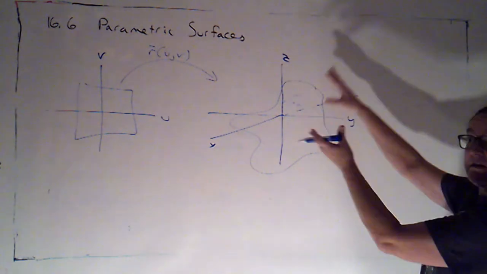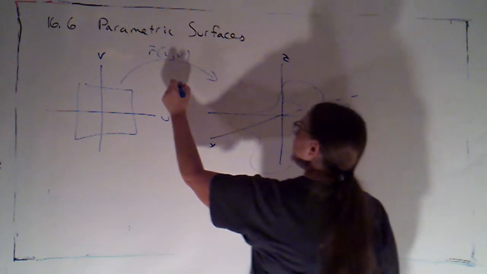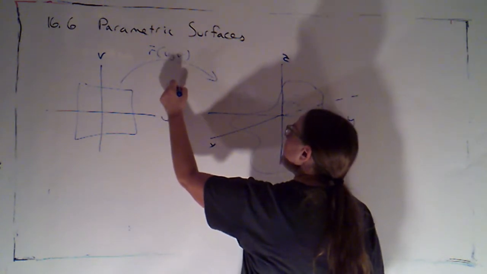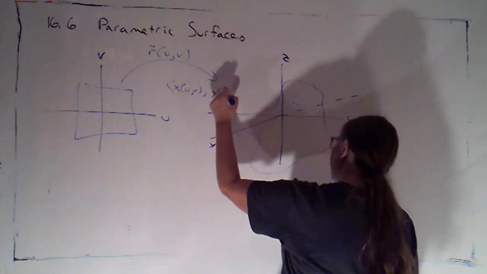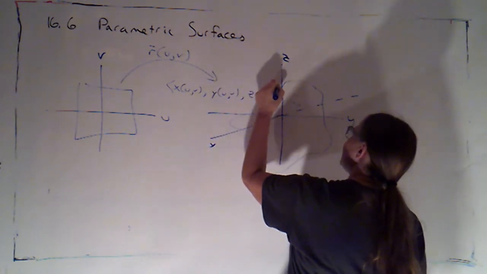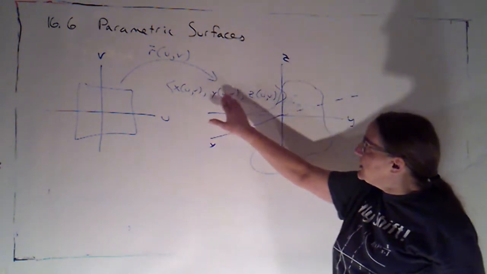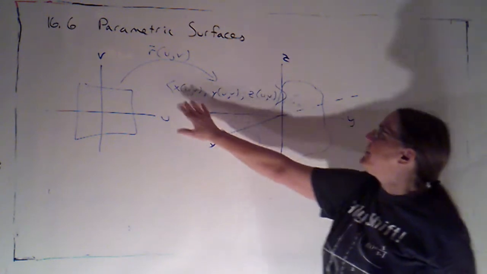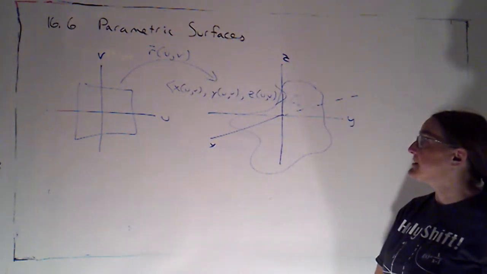Maybe a paraboloid, maybe a sphere, something like that. But basically what I'll be doing is I'll be describing x in terms of u and v. I'll be describing y in terms of u and v. And I'll be describing z in terms of u and v. So I'm only using two variables, but to describe the three coordinates of a point in three space.